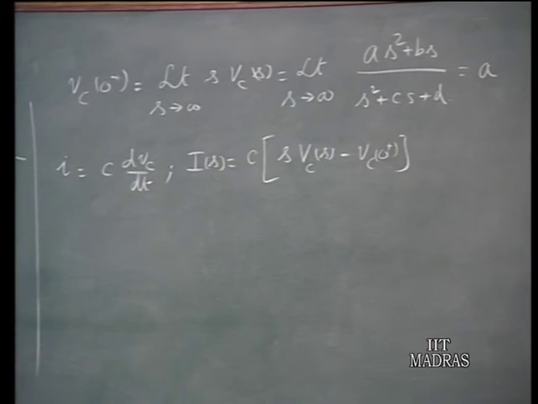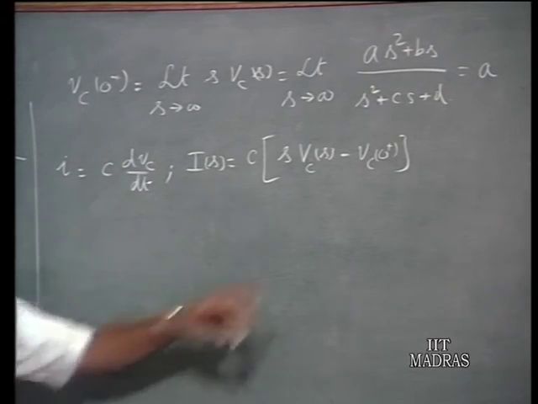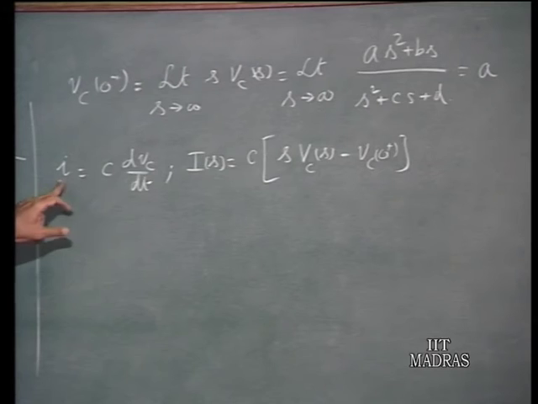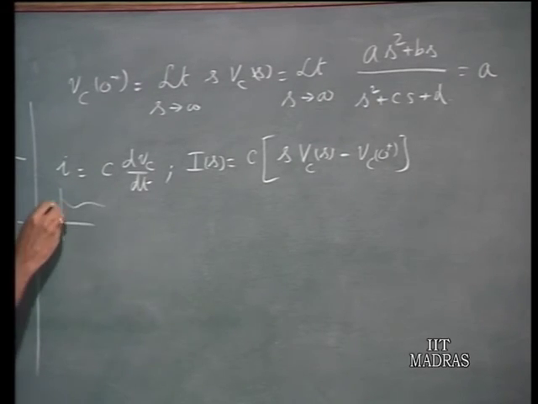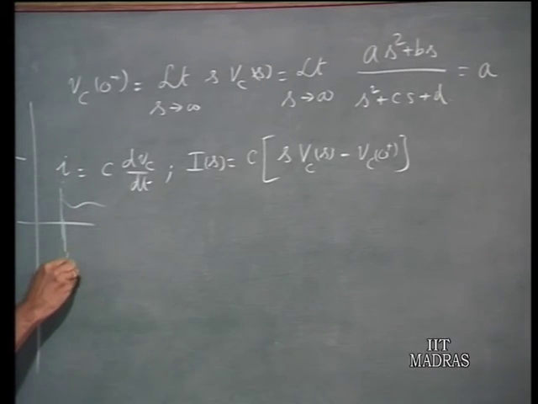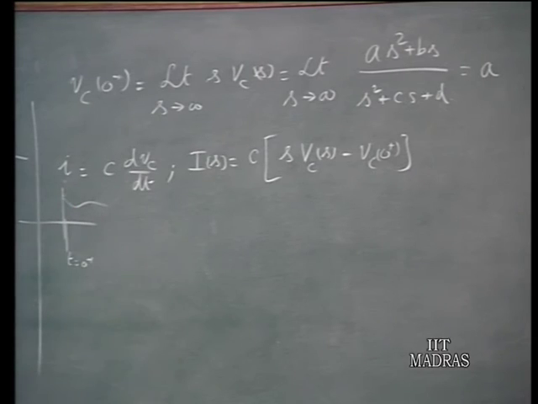If we were starting all our accounting from 0 minus, you would have put it at 0 minus. That means I am trying to take the value variation of current. Suppose this is a variation of current, I am taking the stock from 0 plus onwards only. I am not considering the jump, if any, from here to here.